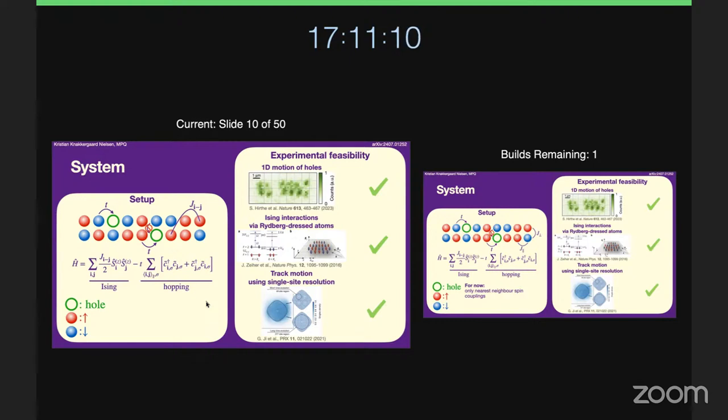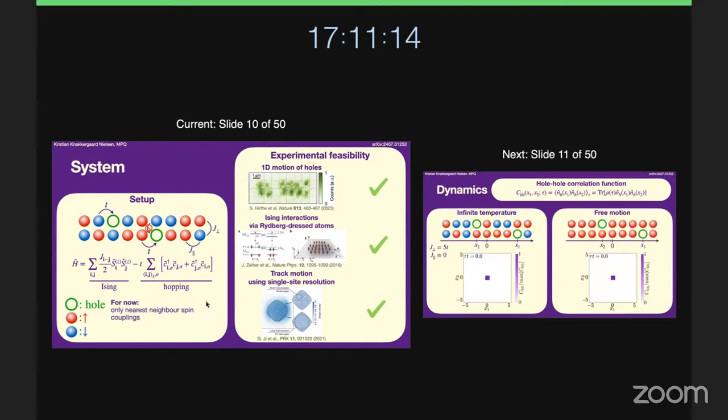So all these ingredients are in place to actually see this kind of thing. And for now, let me just do a detour before I get to an experimentally implementable case where there are just nearest neighbors.